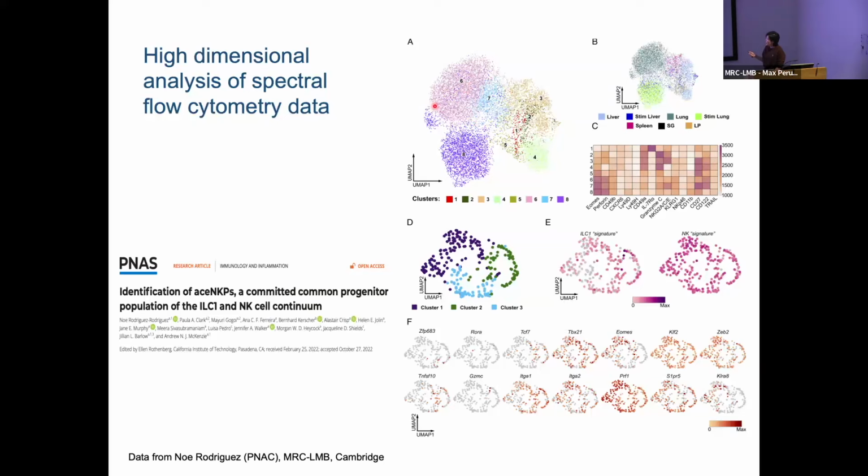This high dimensional analysis is particularly useful to discover unknown populations of cells. So here Noi identified the ACE and KP cells, which act as a progenitor for the ILC1 NK cell population.